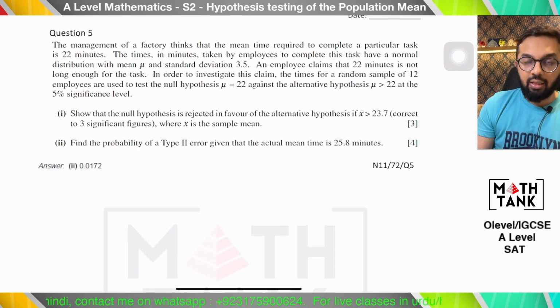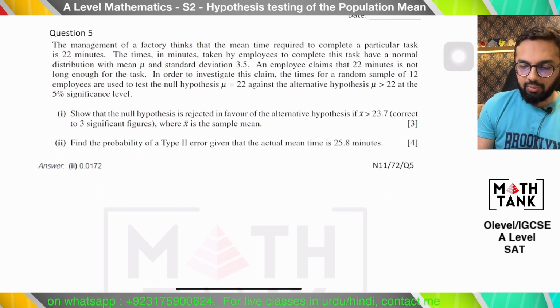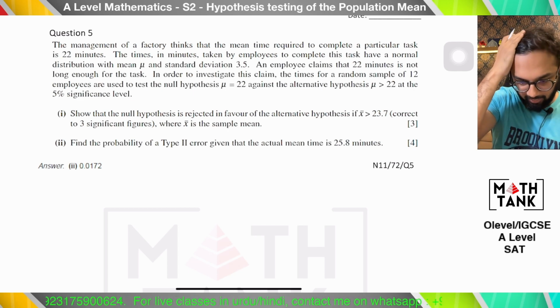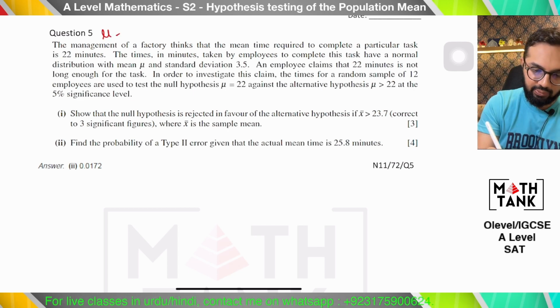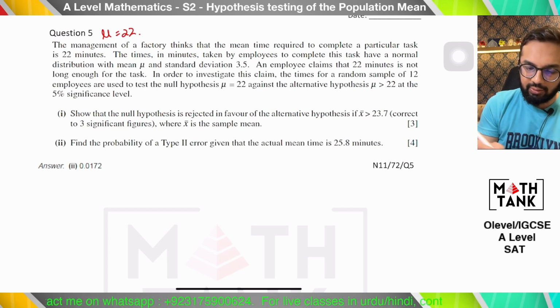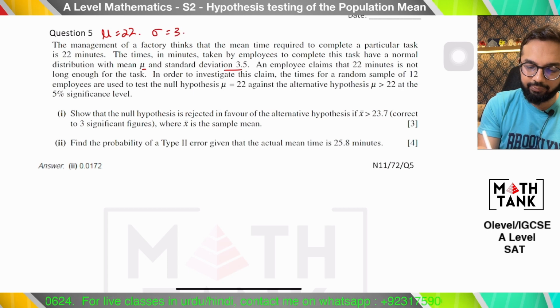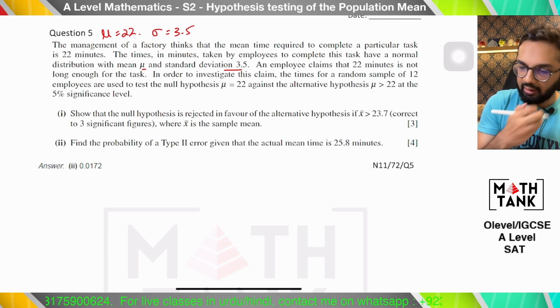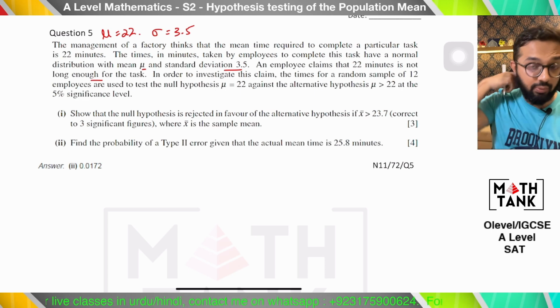Question number 5. The management of a factory thinks that the mean time required to complete a particular task is 22 minutes. The time in minutes taken by employees to complete this task has a normal distribution with mean mu and standard deviation 3.5. An employee claims that 22 minutes is not long enough for the task.